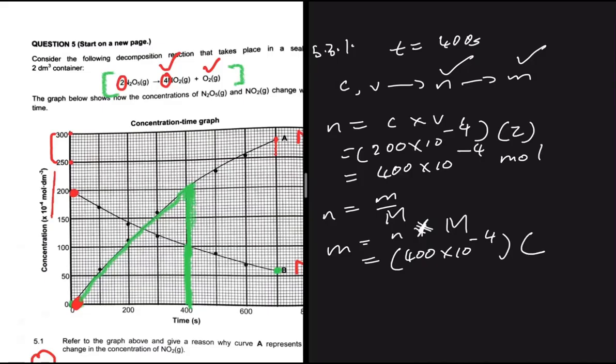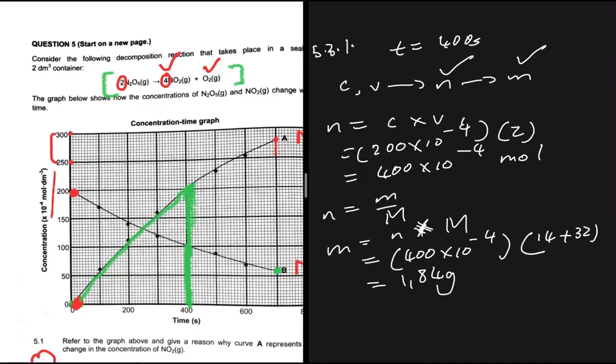So the molar mass of N, nitrogen, is 14, and the molar mass of O2 is 32. Right, now we are multiplying those two numbers we have right there. So let me just do that real quick and see what I get. 14 plus 32 multiplied by 400 times 10 to the minus 4, I'm getting 1.84 grams.